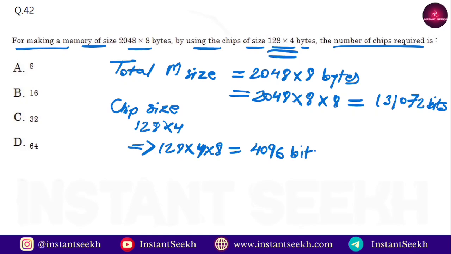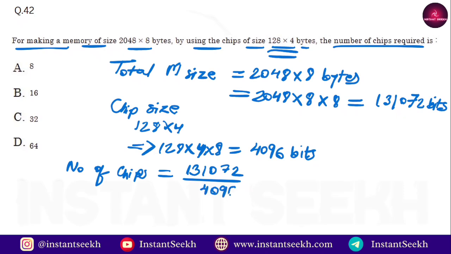Okay, now a simple division you need to perform. So the number of chips required will be total memory size in bits, that is 131072 bits, divided by the chip size in bits, that is 4096.